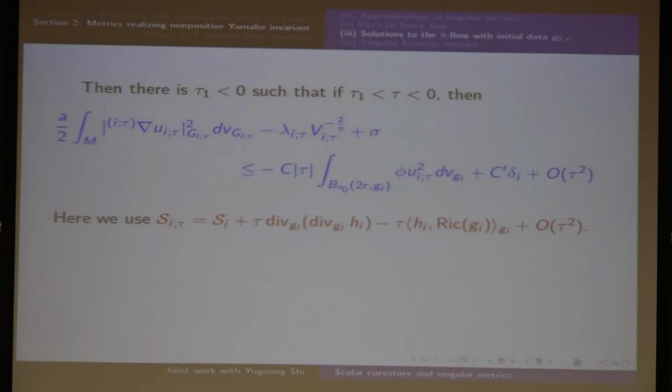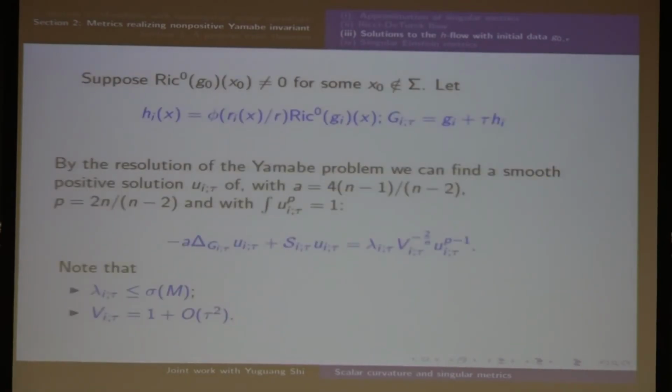So here we use the fact. We just go back to the equation. We have scalar curvature over here. But the scalar curvature is different from the scalar curvature of GI. We have some perturbation. We cannot just use the first variation because it only gives you the first derivative. But tau may be non-zero here.